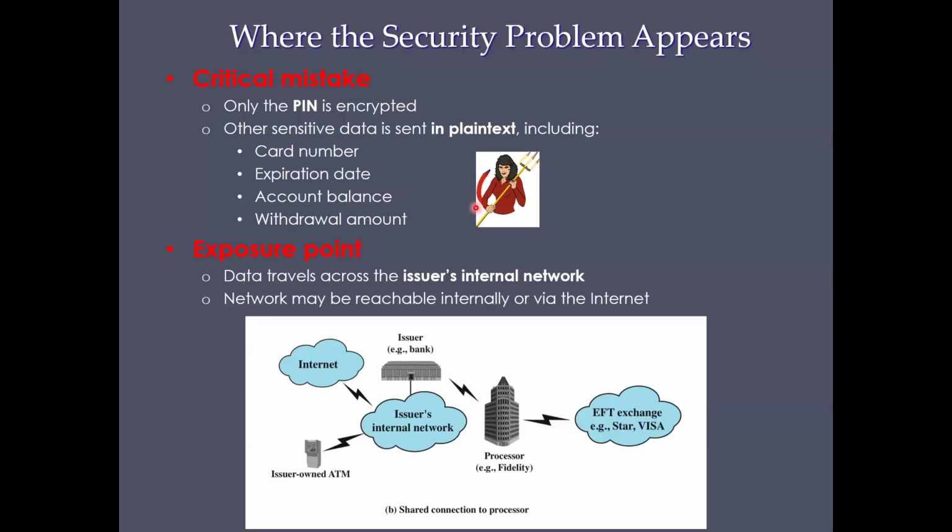That is the exposure point: data will travel through the issuer internal network, and that network may be reachable via the internet. That is why point-to-point connections or leased lines are important here.